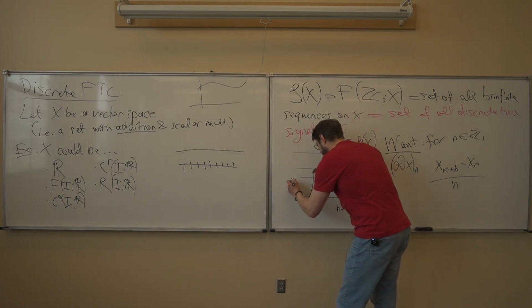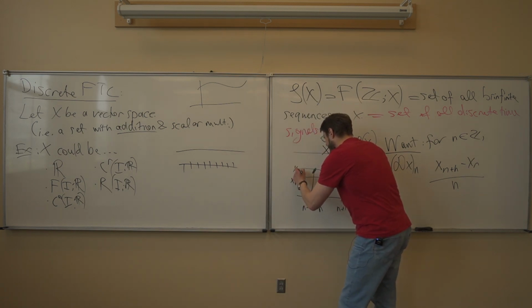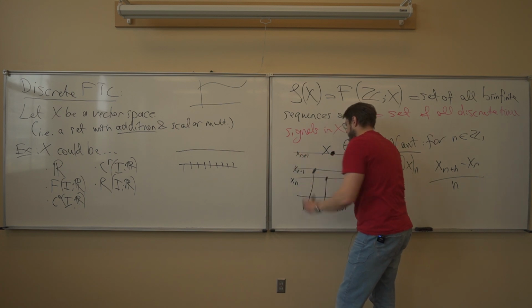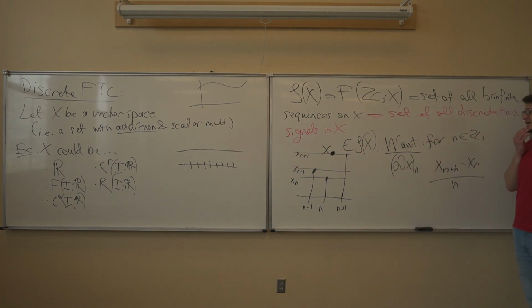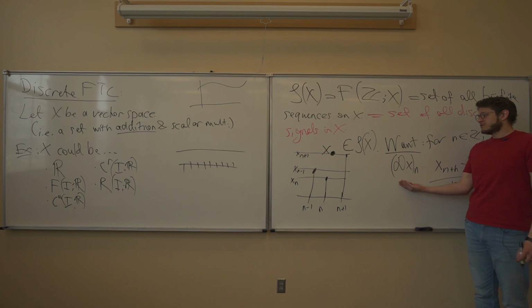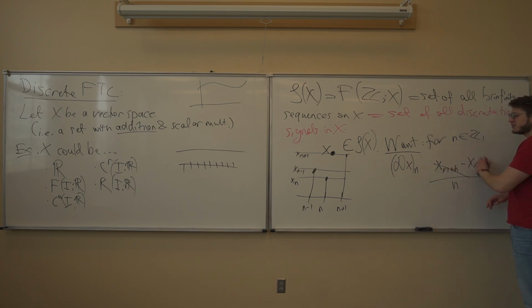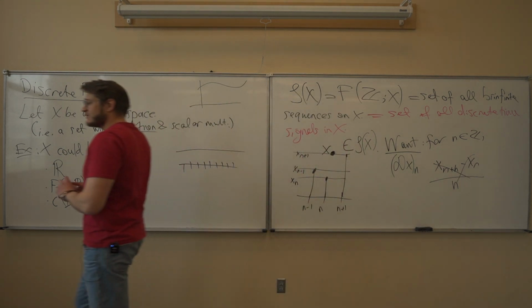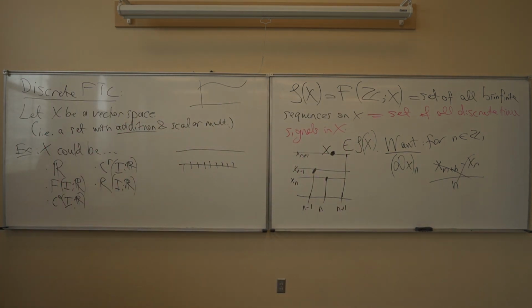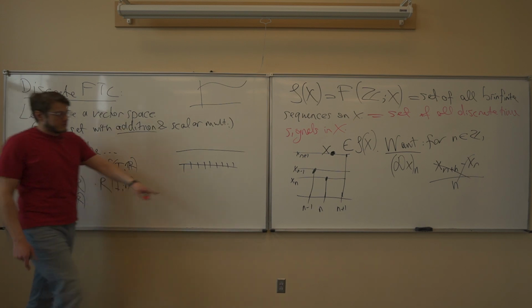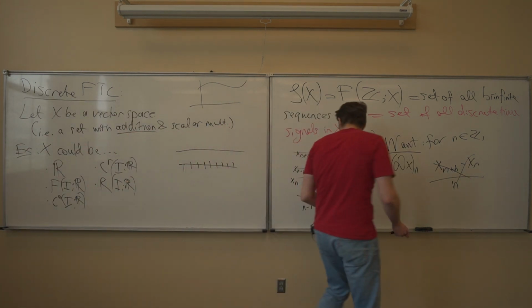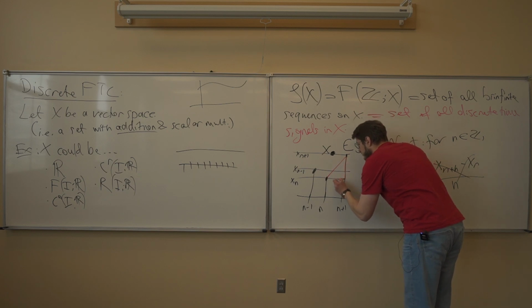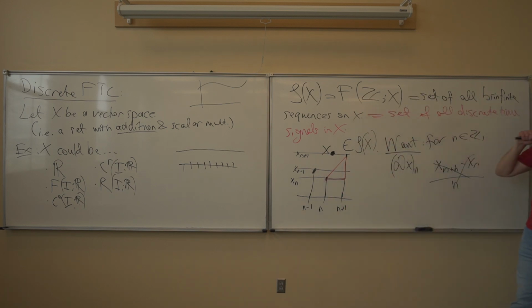This derivative should be something like rise over run. So I need to find some sort of triangle. What is the smallest triangle with one corner at this point? Well, it's this guy.